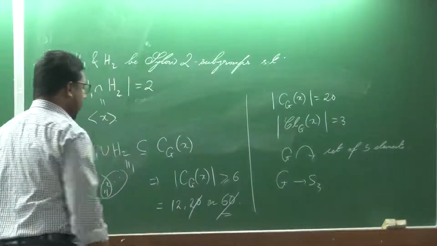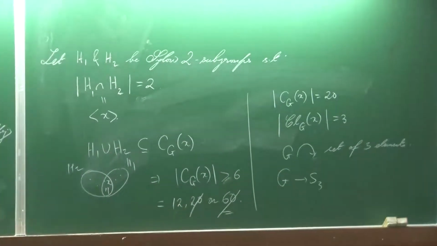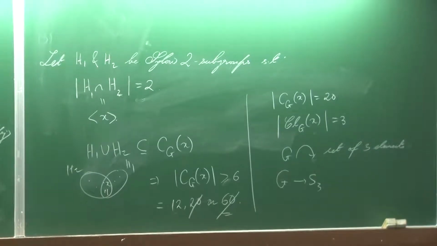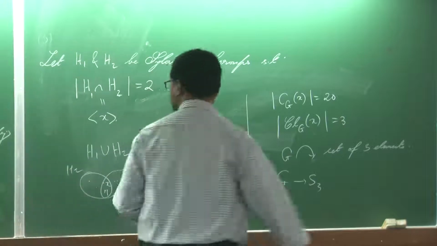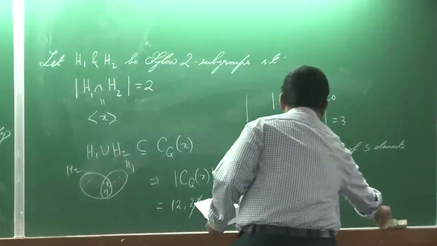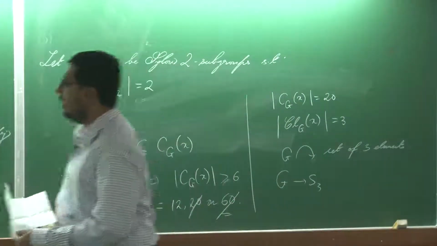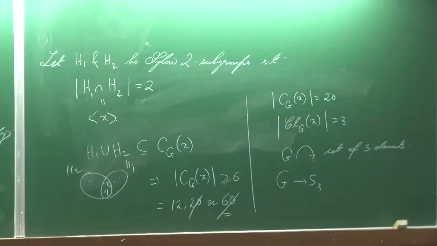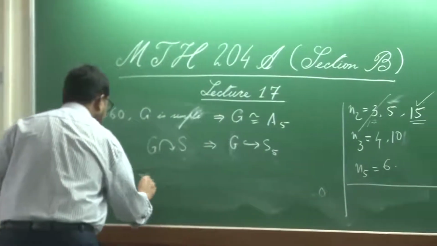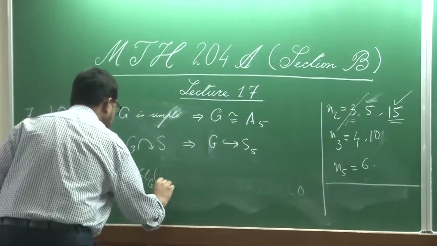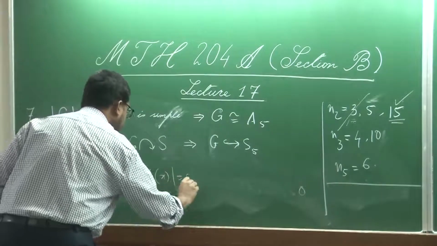So, what we are left with is the centralizer having order 12. If the centralizer has order 12, then I think you can see what all that means. Again, from the orbit-stabilizer theorem, the conjugacy class has order 5.